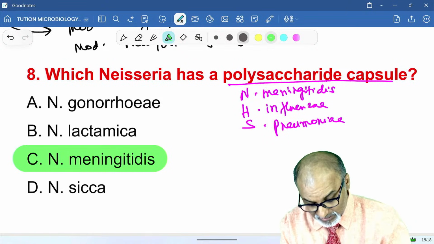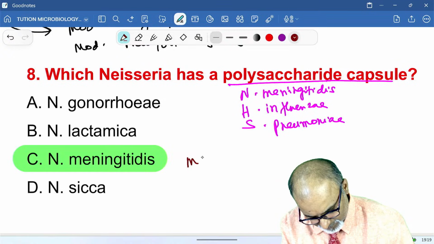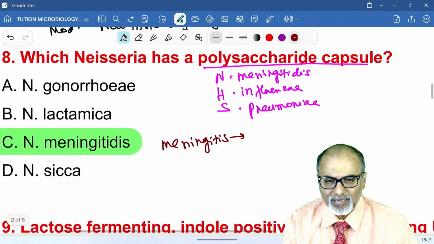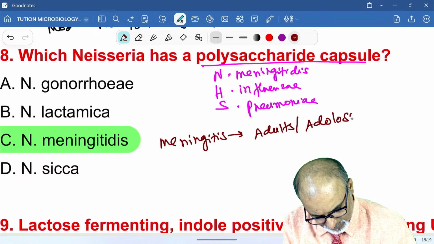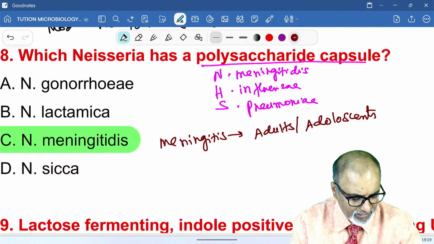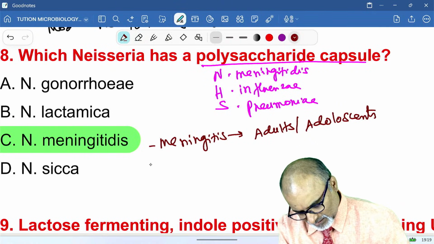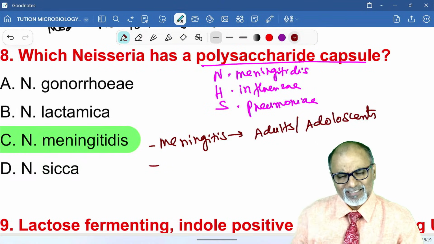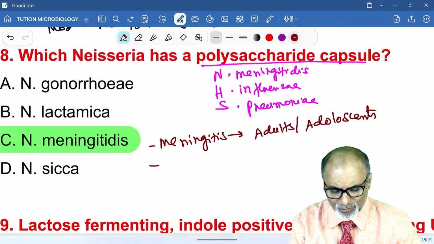It mainly causes meningitis, in adults as well as adolescents. And Waterhouse-Friderichsen syndrome: fulminant meningococcemia, adrenal bleeding, adrenal hemorrhage, toxemia.